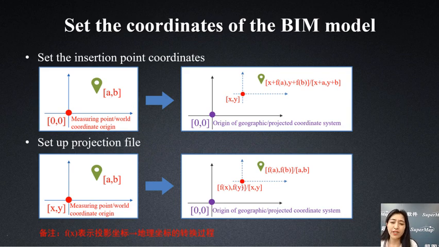And the project base point is the relative reference coordinates and origin of the project, mirrored and positioned in the user coordinate system. Then we should set up its projection file to set its origin of the geographic or projected coordinate system.